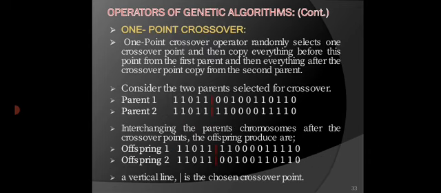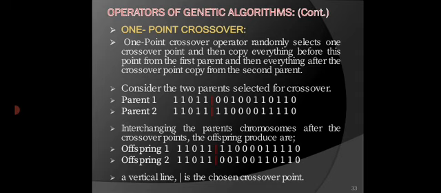Let's see 1 point, one method I will explain to you. 1 point crossover randomly selects one crossover point and then copies everything before this point from the first parent, and everything after the crossover point from the second parent. Say consider two parents selected for crossover.